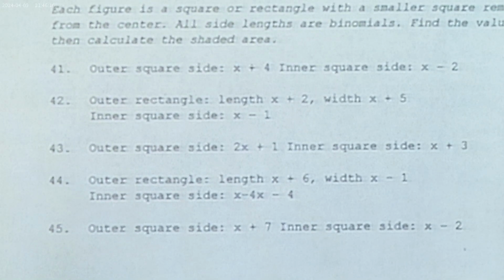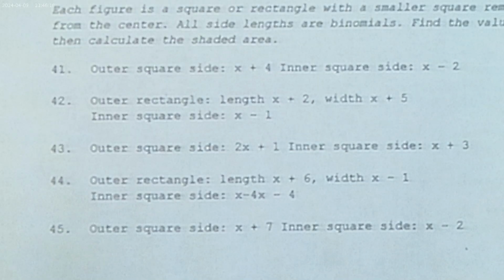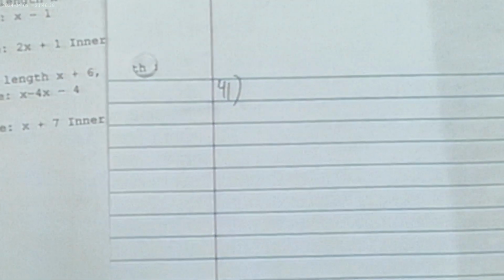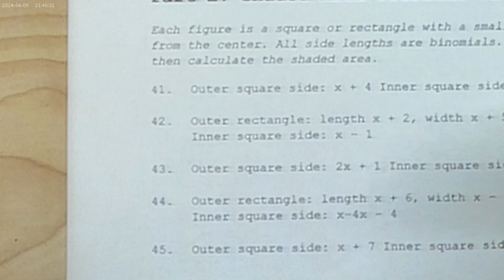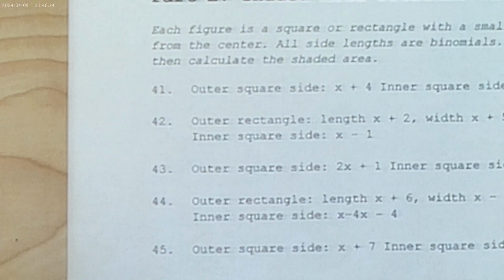All right, so 41. Oh, we're starting out with squares. All right, so the last time we did this, I just used a separate sheet of paper, so that's what I'm going to do here. So with 41, the outer square side is x plus 4, and then the inner square side is x minus 2.